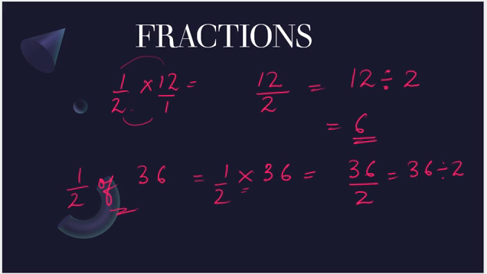If I know the tables up to 20, I can easily tell the answer. But then if I want, I can also do long division and find out 36 divided by 2 is 18. So half of 36 will be 18.